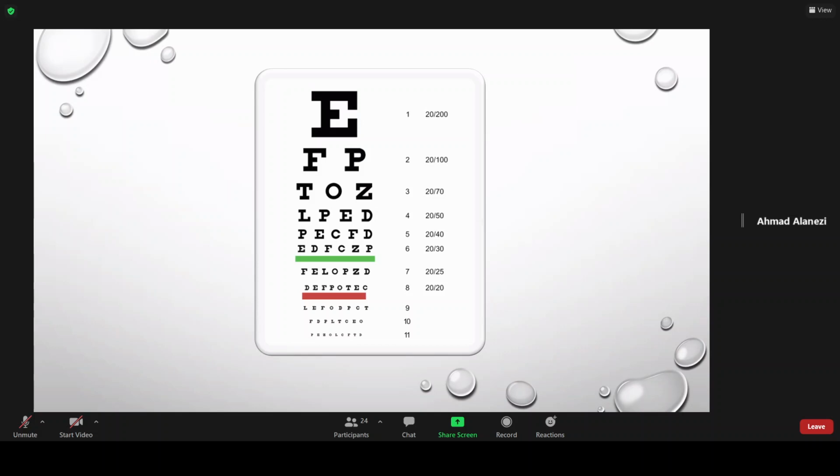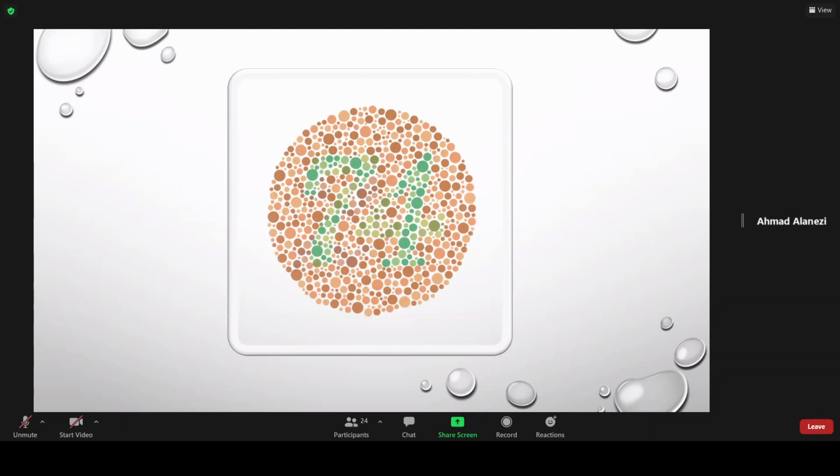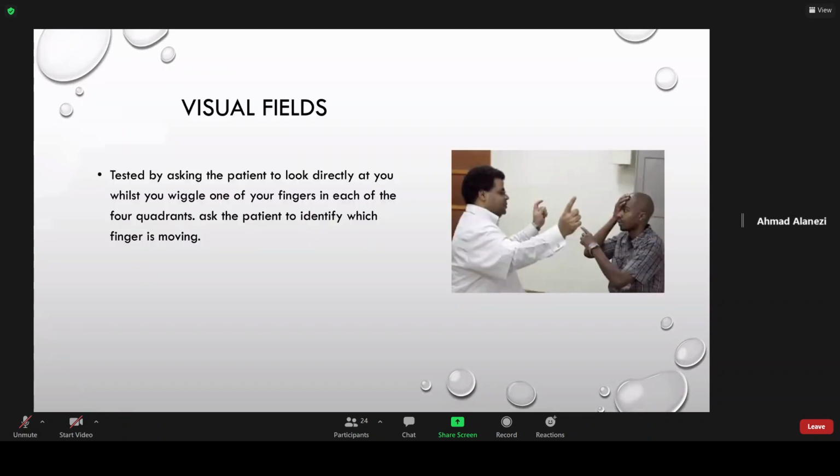If he's cooperative enough, you can ask him to read a paragraph or a sentence to assess his visual acuity, but formally it's done by Snellen chart. This is the Ishihara test, which tests color vision in cooperative patients. And then the visual field is done this way, okay?